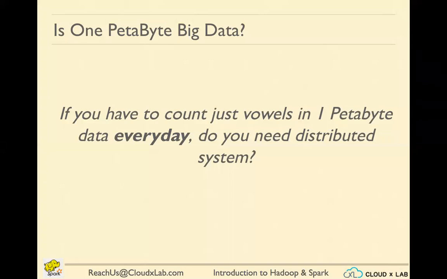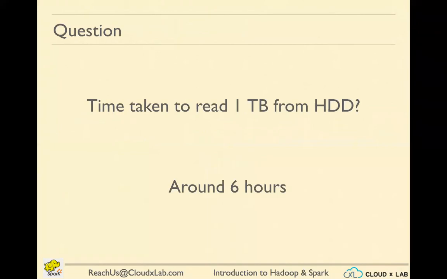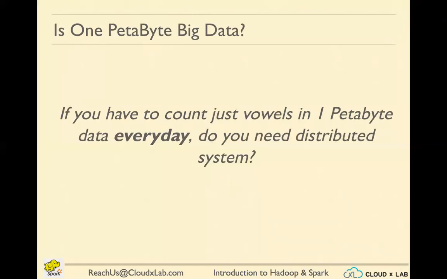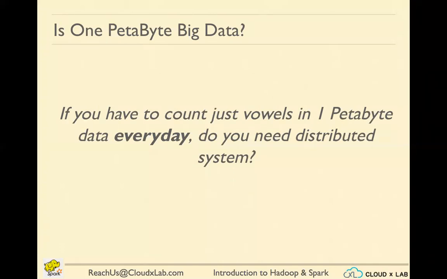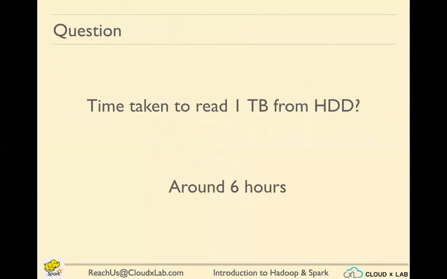Why? Because as we just discussed, when we are talking about reading 1 TB data from hard disk, imagine that we had, let's say, 1 PB hard disk, just to assume for the time being. If we read that, it will take probably 6 multiplied by, say, 1,000, that is 6,000 hours, right?